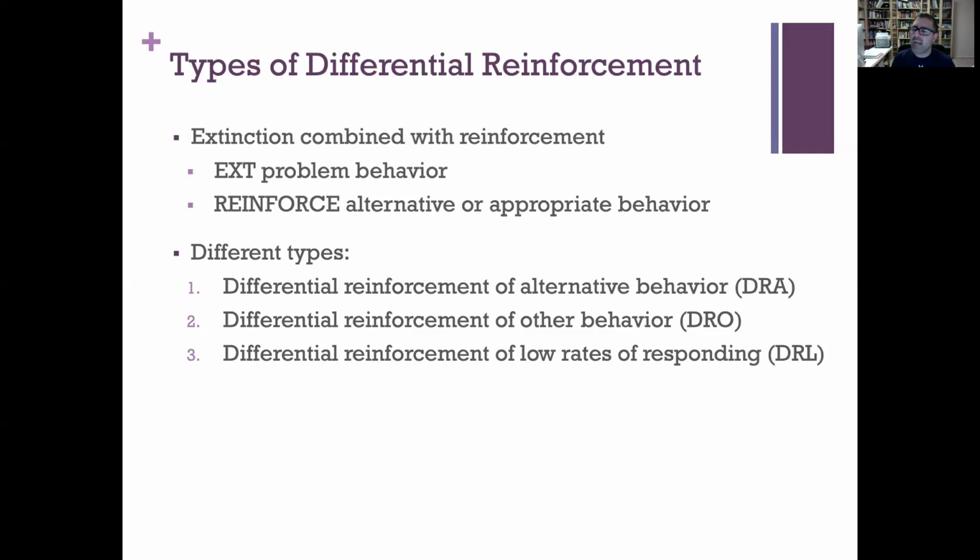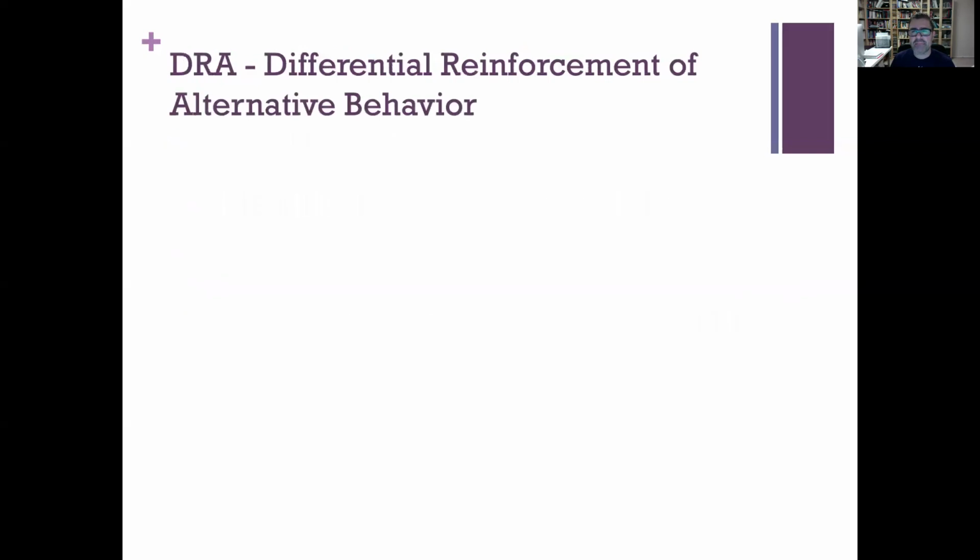There are subtypes of DRA, and some different subtypes of DRO and DRL, so we'll talk about all those three in the next few lectures. Today I'm going to focus on DRA.